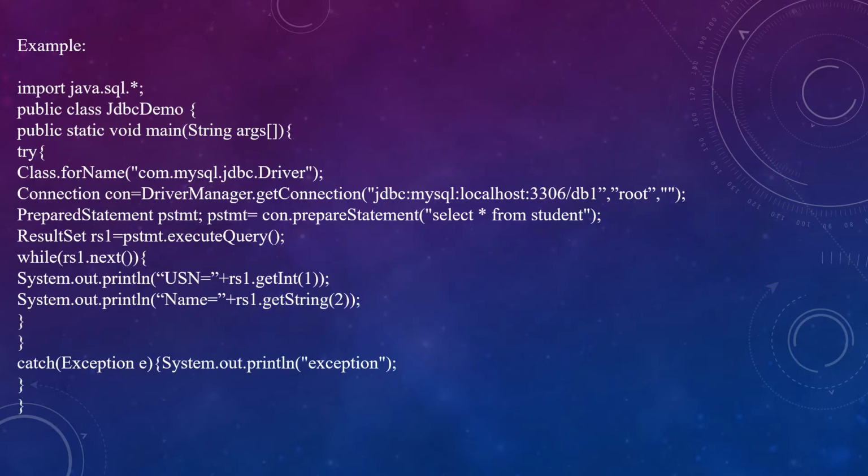For example, import java.sql, public class JDBCDemo, public static void main(String args), try catch exception, and for the class name, the JDBC MySQL driver. Connection to the JDBC is DriverManager.getConnection to the MySQL localhost.